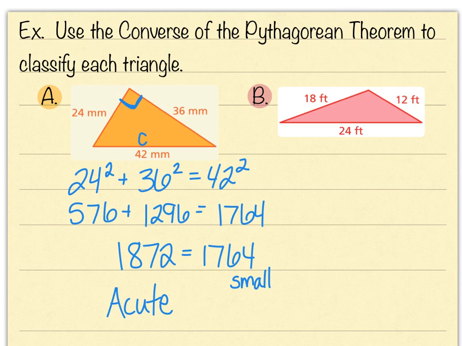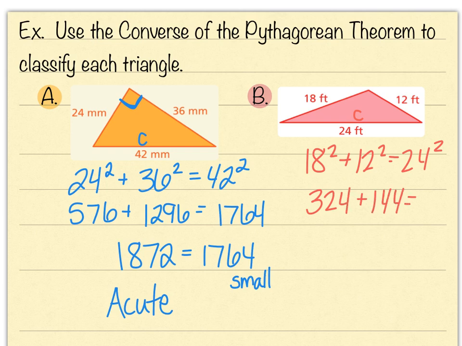For example B, if it were a right triangle, this would be C. 18 squared plus 12 squared equals 24 squared. 18 squared is 324. 12 squared is 144. And 24 squared is 576.